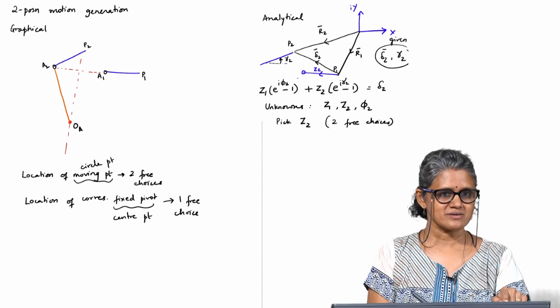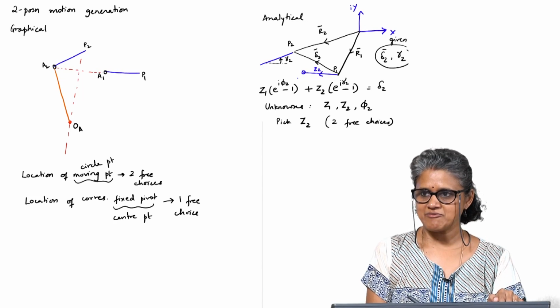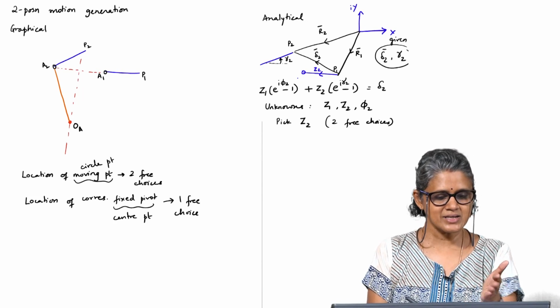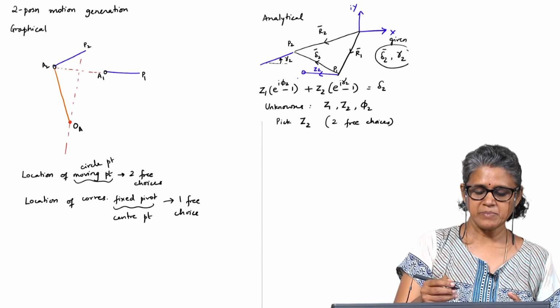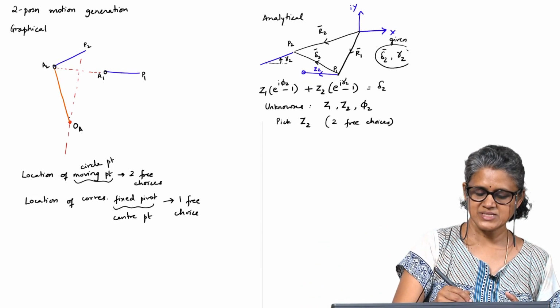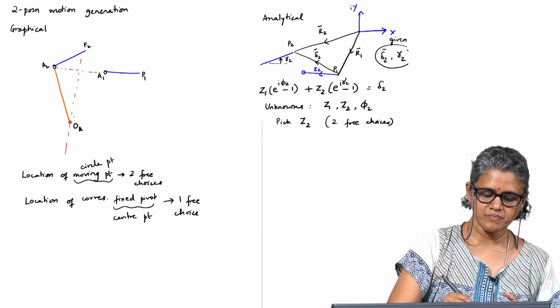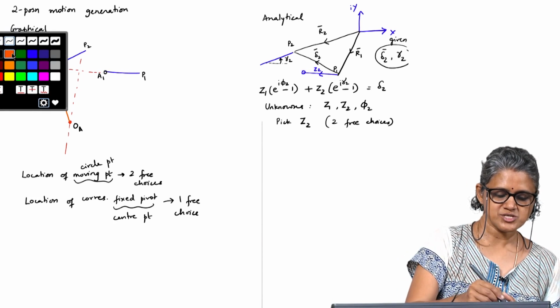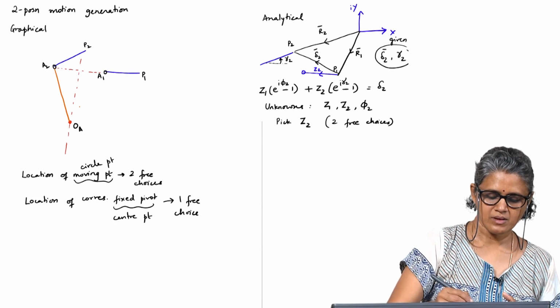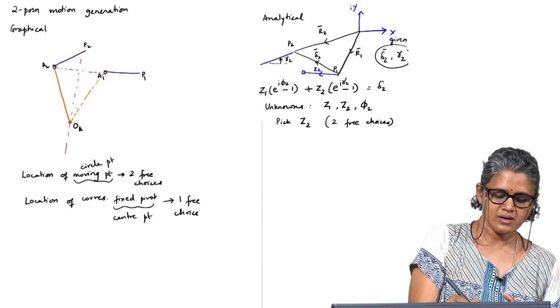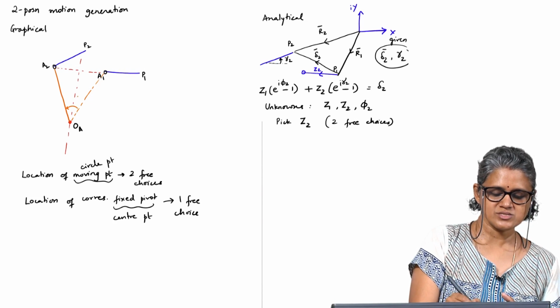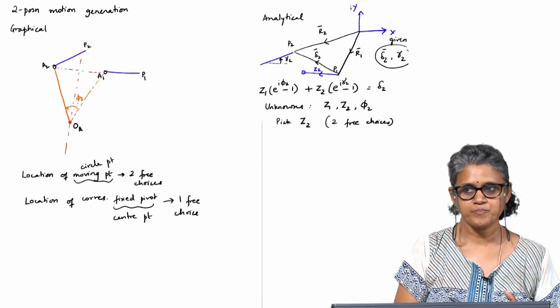That is different from the graphical method, because here I can't say that that is like picking this angle. So, this is Z1. From this position to this position, this rotates by an angle phi 2.